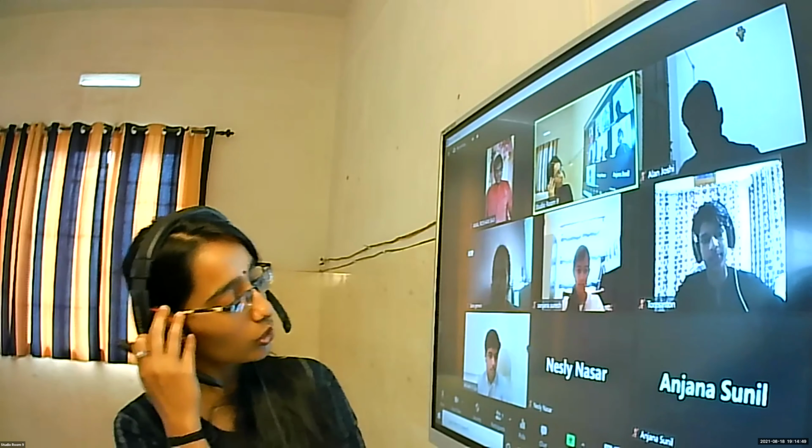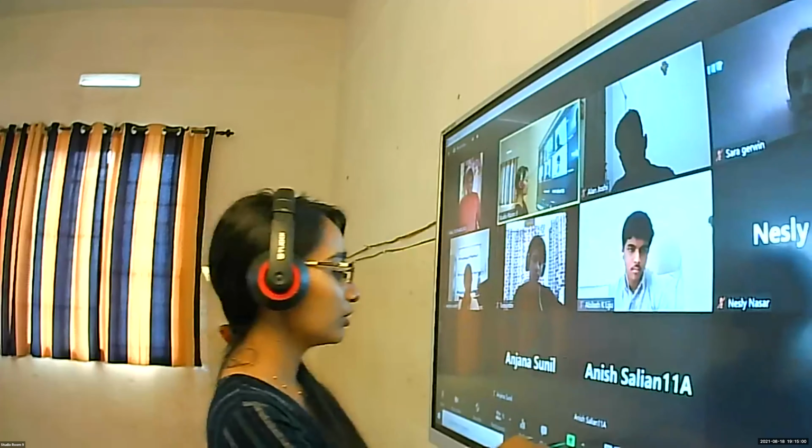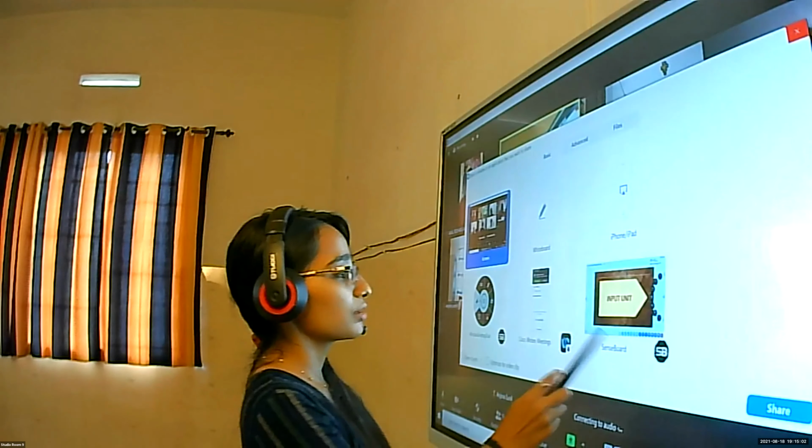Then Tom, what about you? The input unit receives the input data. It is used for inputting data into the computer, isn't it?